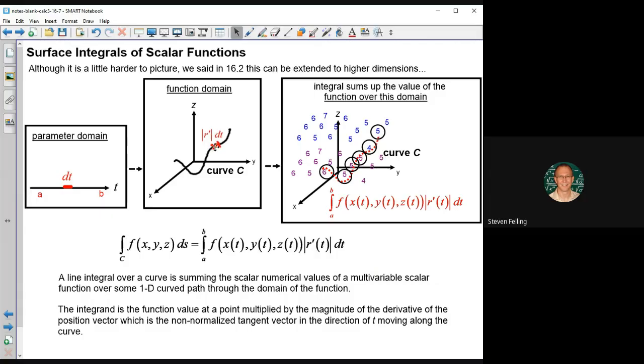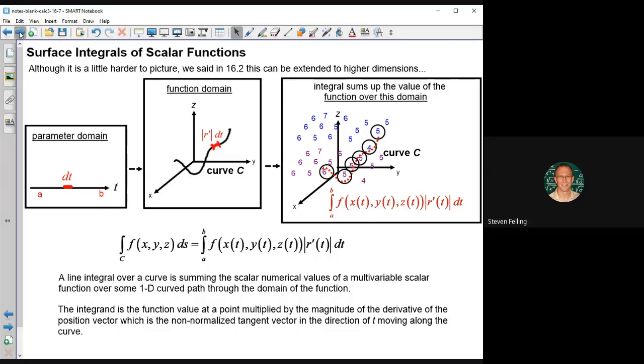And then if we want to integrate a scalar function, which varies with x and y along this path, then we have to take that little length times the different values. So we integrate the integrand, which is a scalar function, times the little length along the path, if you want to think of it that way.